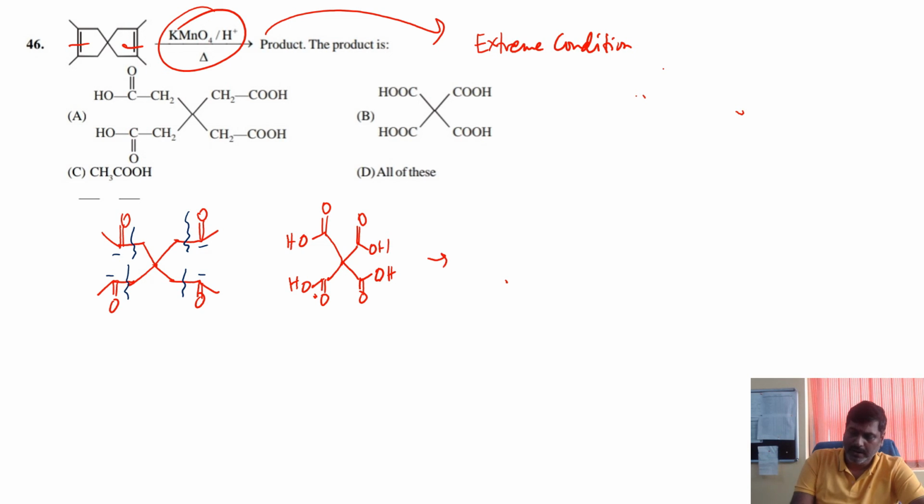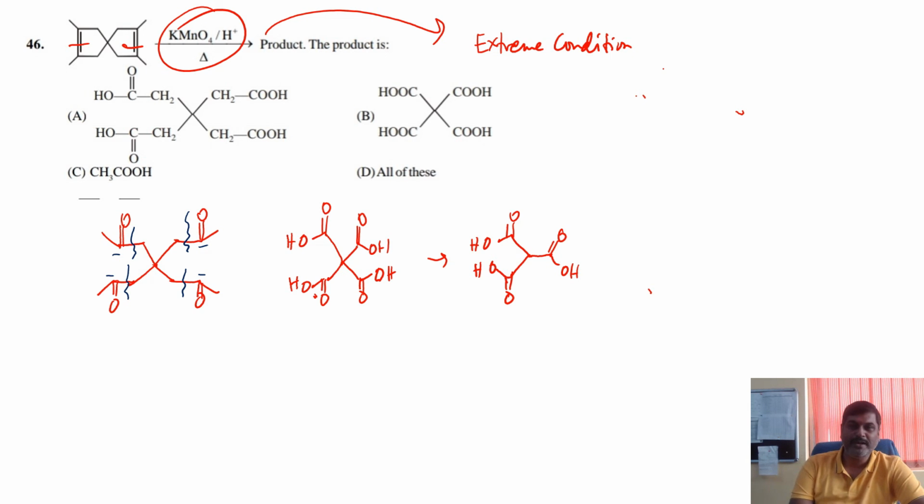So stepwise I am writing here C double bond O, OH, C double bond O, in there the OH, let it be there. This one I have already explained to you. This is the beta gamma unsaturation, easily decarboxylation takes place, and this will be finally C double bond O in OH.